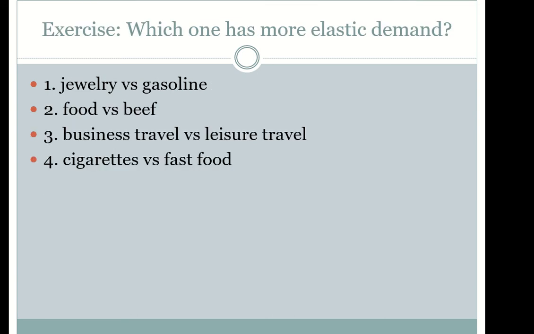Okay? So I'm going to have you pause the video for a while so that you can work on these examples. Which one has more elastic demand? For each pair of these products, you want to decide which one has more elastic demand. But the most important thing is to explain why.